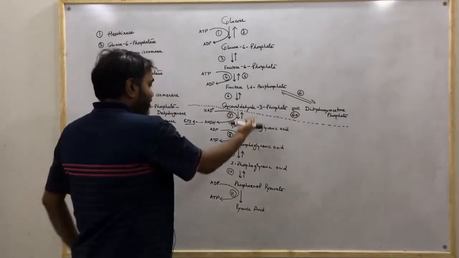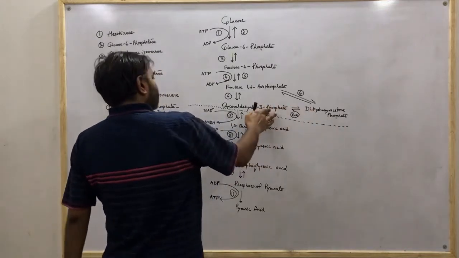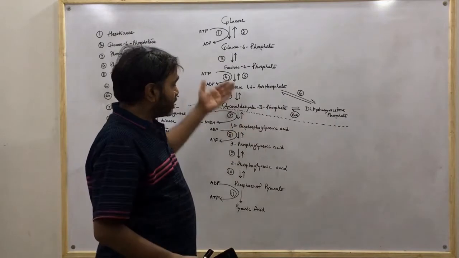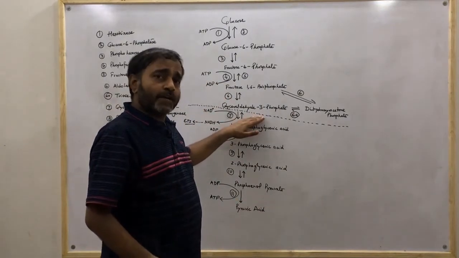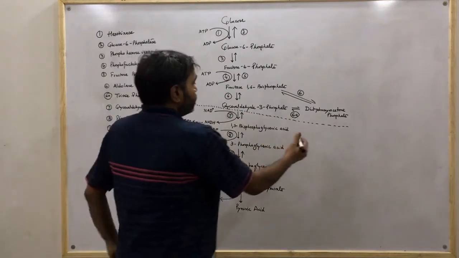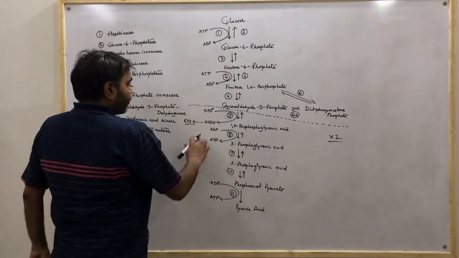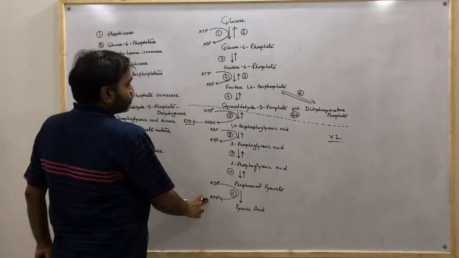So what happened? The same step will be followed over here also, because it will get changed into the same molecule. So we need to write it twice, because twice the amount is happening from this step to the further steps. So we need to write 2, or you may write 2 of each, that is 2 ADP will get changed into 2 ATP.